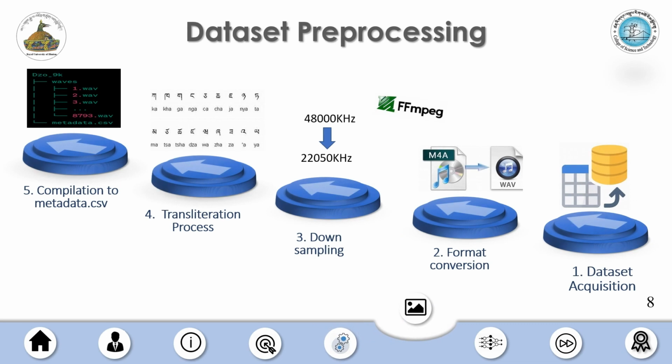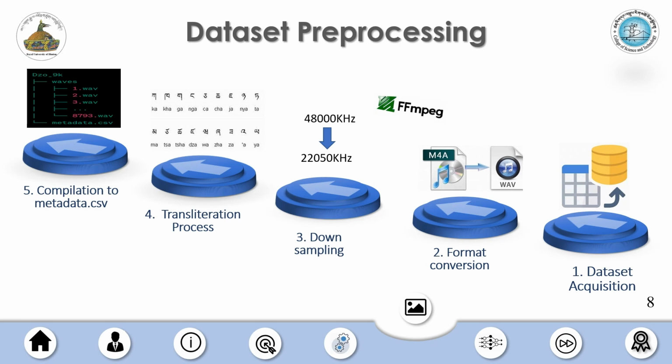The dataset preprocessing. First, the dataset acquisition. We got a total of 8,793 audio and text pairs from the DCDD, provided in an Excel file. Next, the format conversion. The audio files were in the M4A format, which we converted to WAV using FFmpeg, and then downsampling. Since the original audio was recorded at a sample rate of 48,000 Hz, we downsampled it to 22,050 Hz.